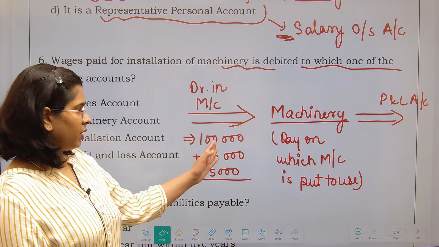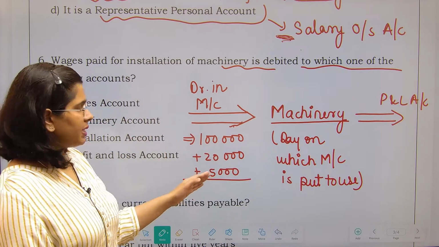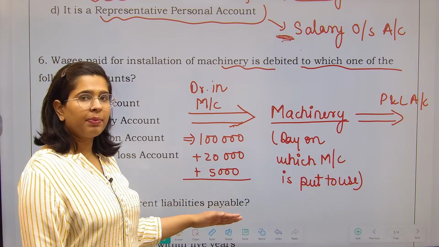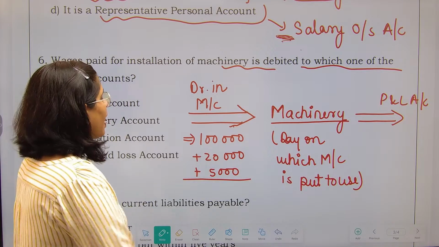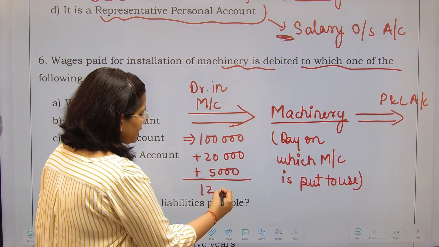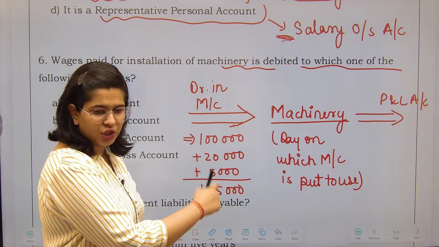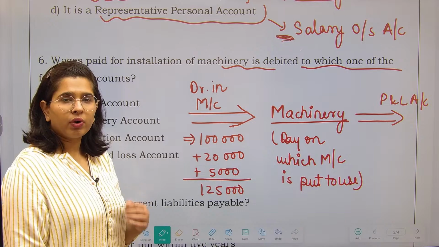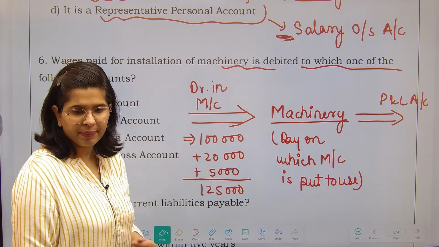I did not have the total 1 lakh rupees, so I borrowed it and that person charged me 5,000 rupees. This 5,000 pertains to the period before I put the machinery to use. So I am going to debit all these expenses in the machinery account. Now machinery will have a worth of 1,25,000 for me.